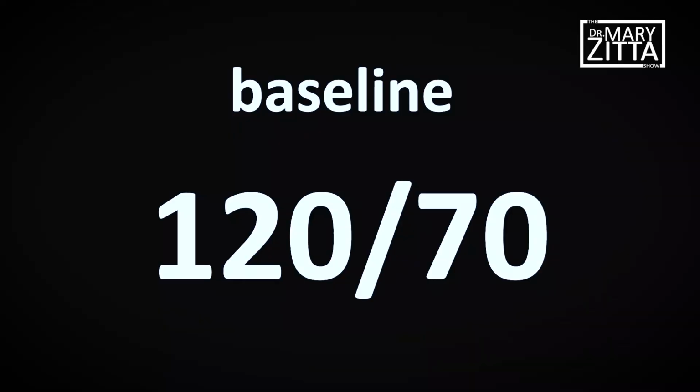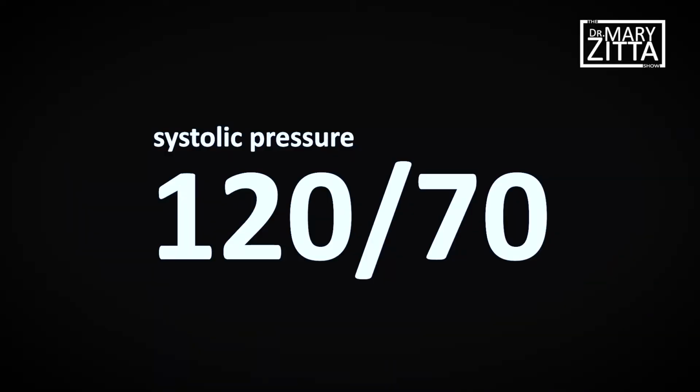There are two numbers. Now, the baseline number is 120/70. The top number is called the systolic pressure. The bottom number is called the diastolic pressure. The top number measures the pressure of the arteries per heartbeat, while the bottom number, the diastolic number, measures the pressure of the artery between the heartbeats.